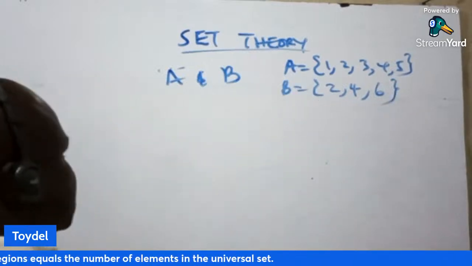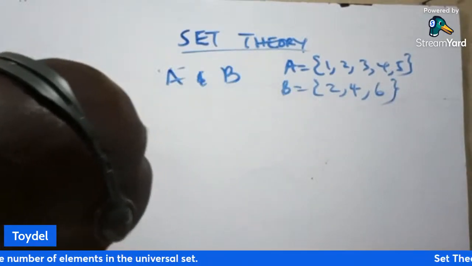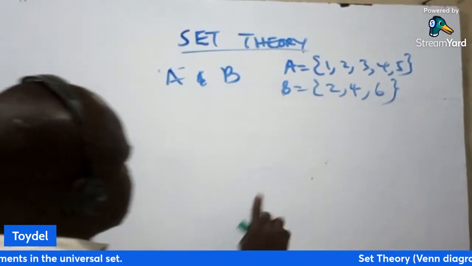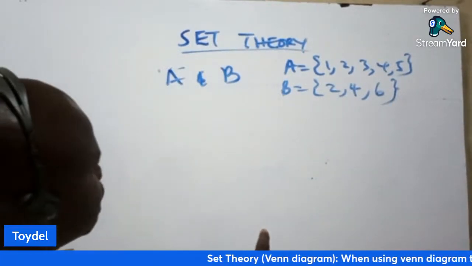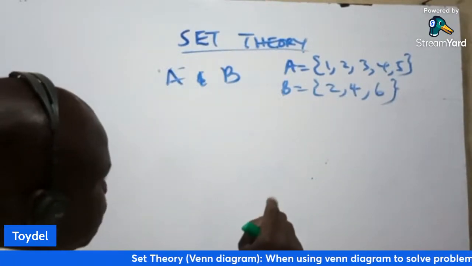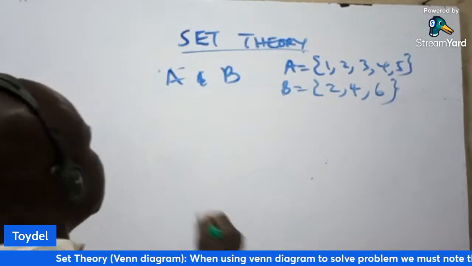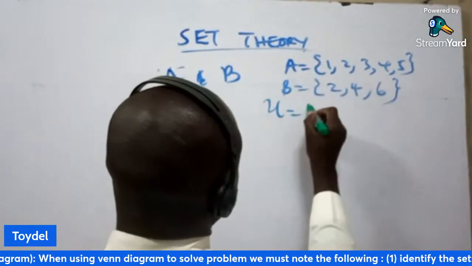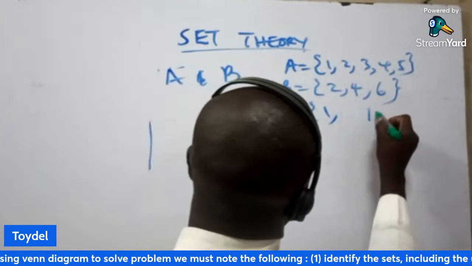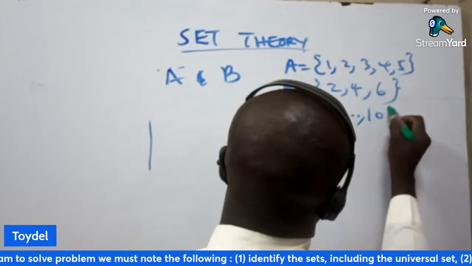So if you have to represent this in a Venn diagram, one thing you are going to check is: do they have something in common? Check the elements. Do they have elements that are common to the two sets? Yes. Then let's say we have a universal set also in this case that starts from 1 to 10.